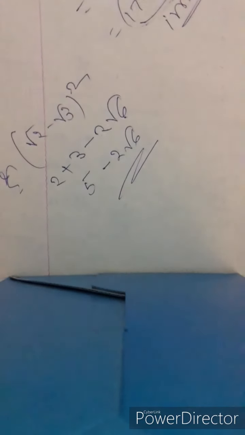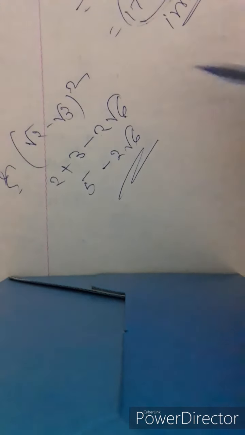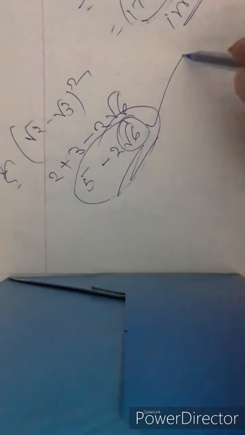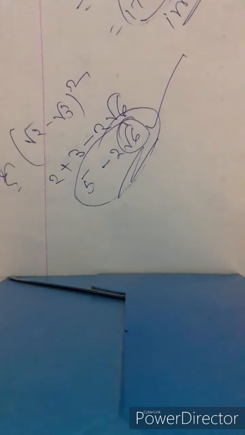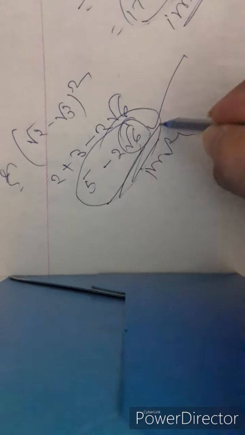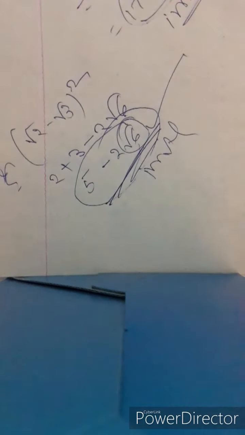So this is an irrational number because root 6 is there. Always remember, if any value of root is there, it becomes an irrational number. By seeing only we get an irrational number.